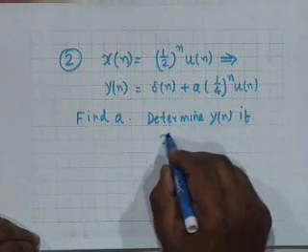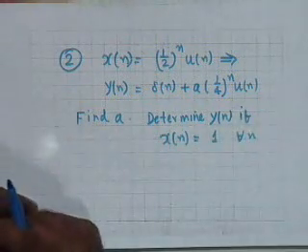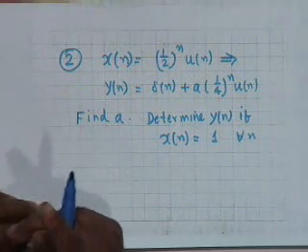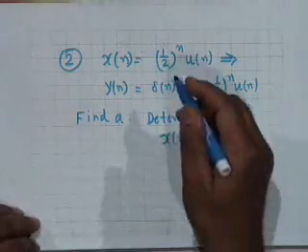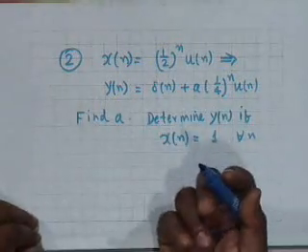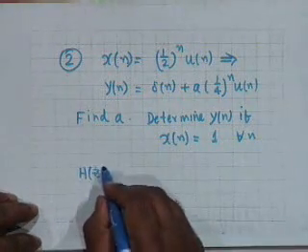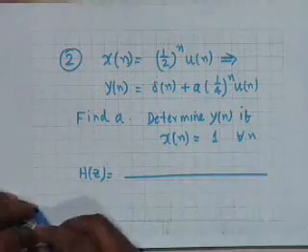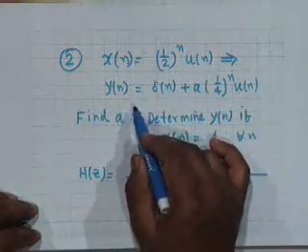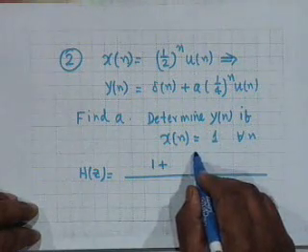if x of n is equal to 1 for all n. Alright, it's a 1 for all n. It's not u of n, it's 1 for all n. So the first condition had given me H of minus 2 equal to 0. The second condition gives me H of z as equal to 1 plus, what is the z transform?